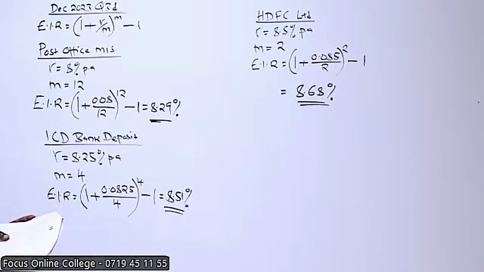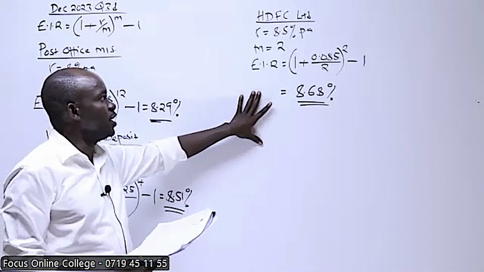Any question before we proceed? Oh yes, we are supposed to advise, because the question says, using effective interest rate method, advise on the preferred investment option. The preferred investment option is the one that provides the highest effective interest rate, which should be HDFC Limited.